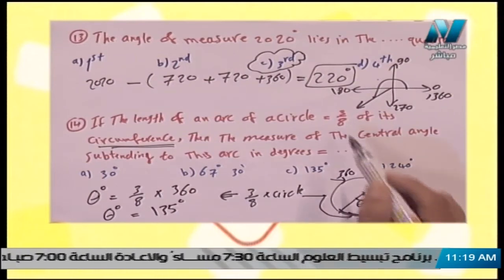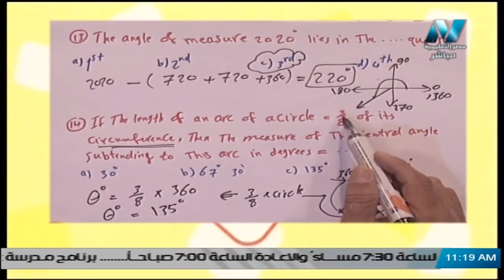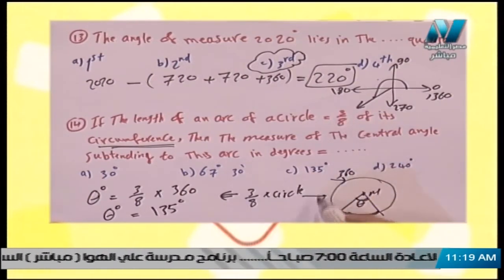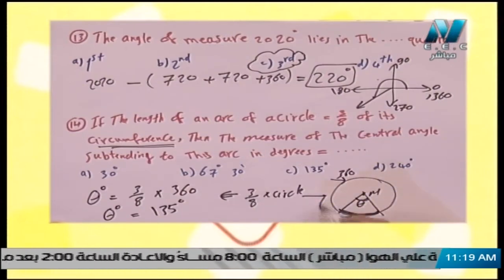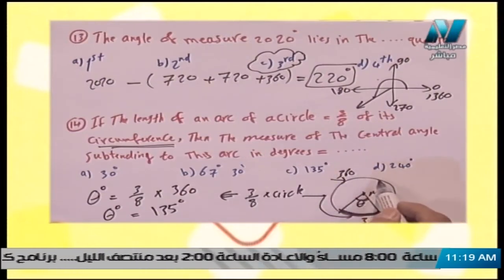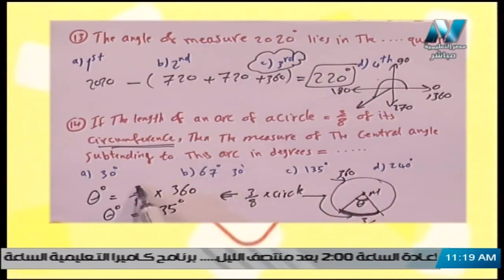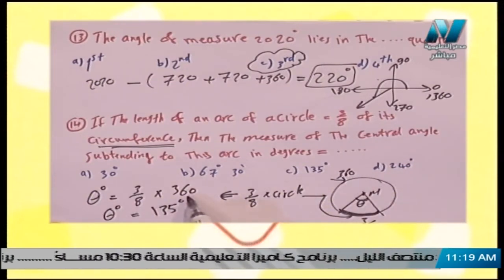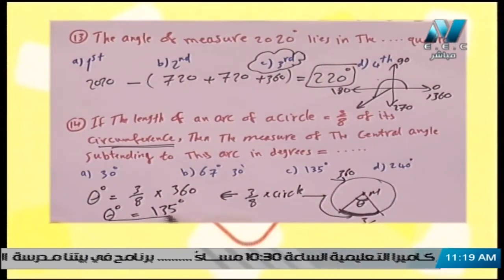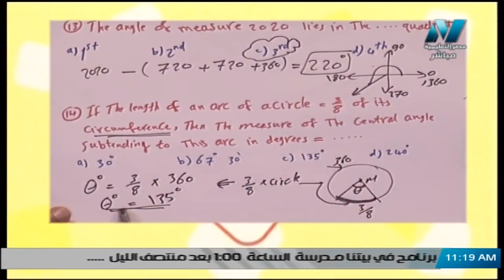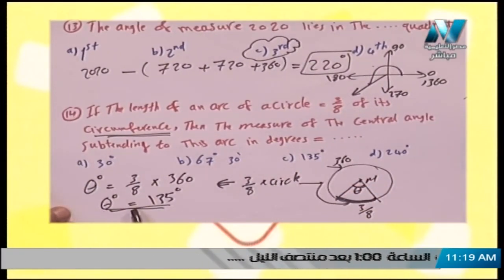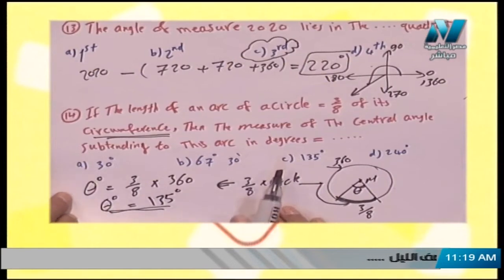If the arc equals 3/8 of the circumference, it will also be 3/8 of the measure of the whole arc of the circle, and we put 3/8 multiplied by 360, we will get theta equals 135 degrees.